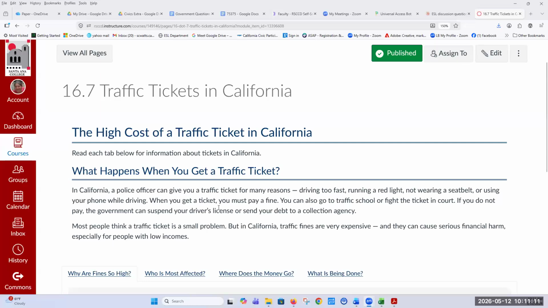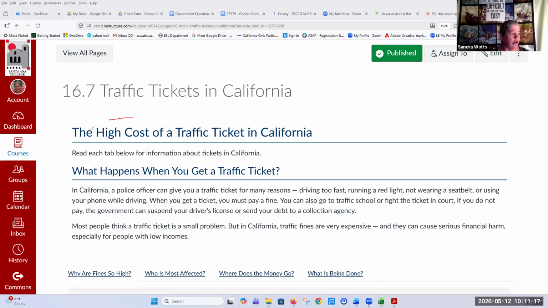Okay, so here we go. This is about the high cost of a traffic ticket in California. And it's not only about the fact that tickets are expensive. There's more involved here.